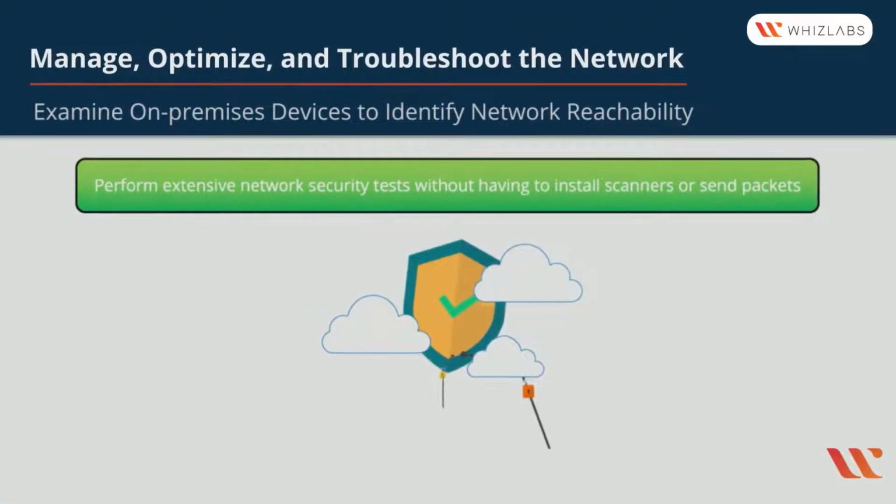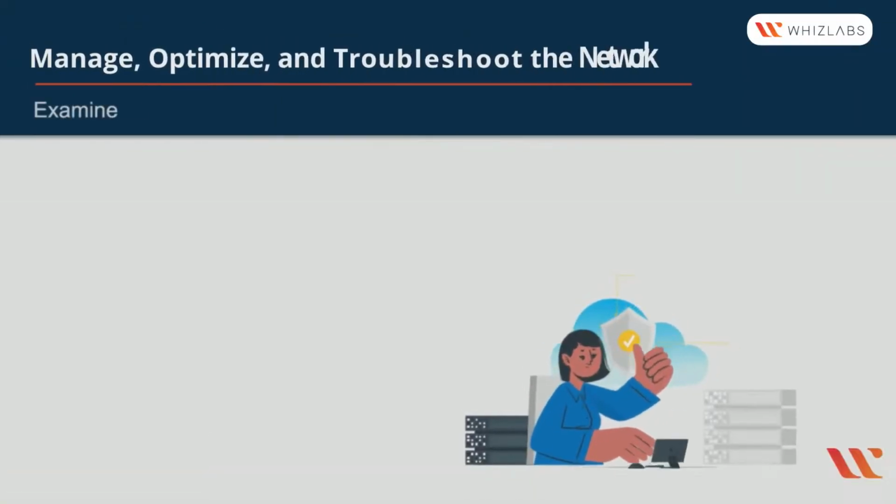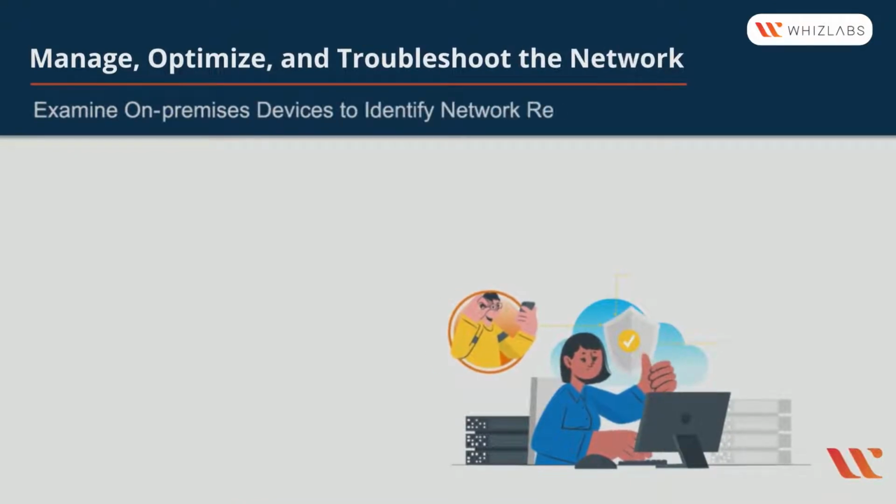You may perform extensive network security tests without having to install scanners or send packets, which are both complex and expensive to maintain, especially across the VPC peering connection and the VPNs, if you include this package in your assessment run.